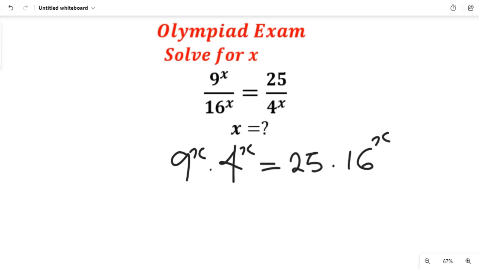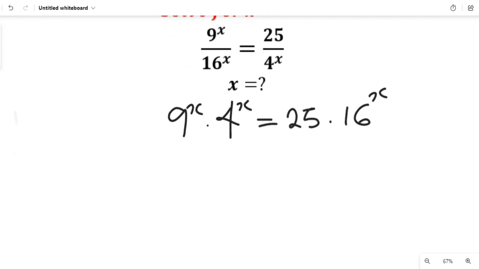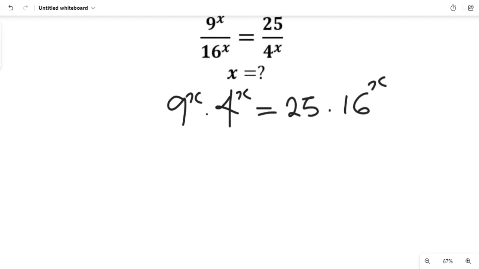Now, having done this, I want you to flash your mind back to a law in indices. In indices, we are told that if you have two different bases and both of them have the same powers and they are multiplying, all you need to do is to multiply the two bases and assign them the same power.